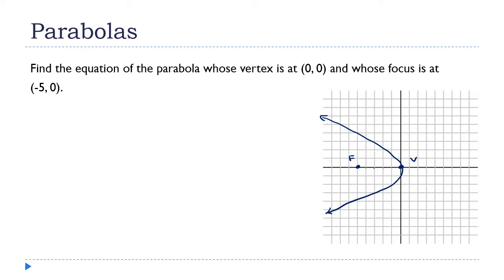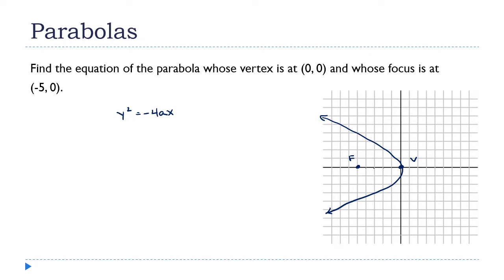What is the general equation of a left facing parabola? Well, the left and right ones have a y squared and an x, and the left one has the negative 4a. All right, so all I got to do is figure out a, and I'm home free.